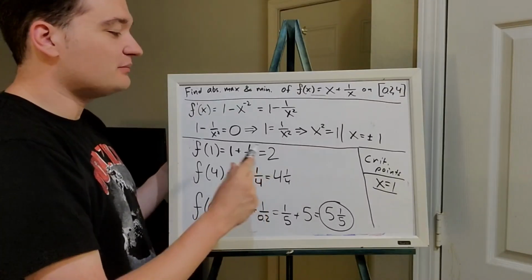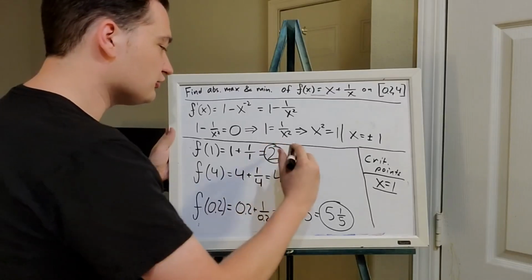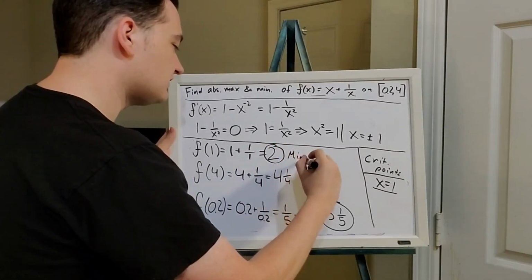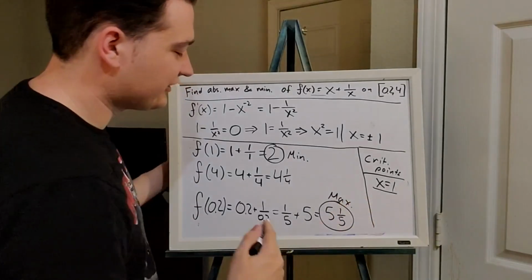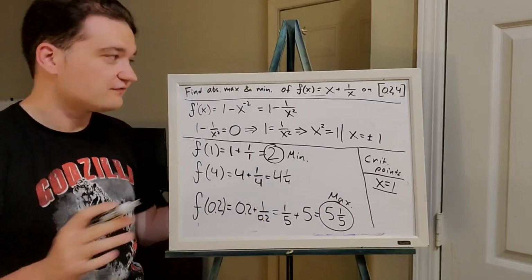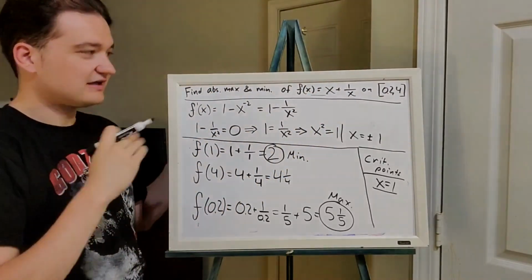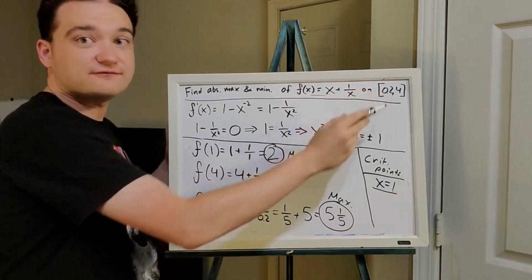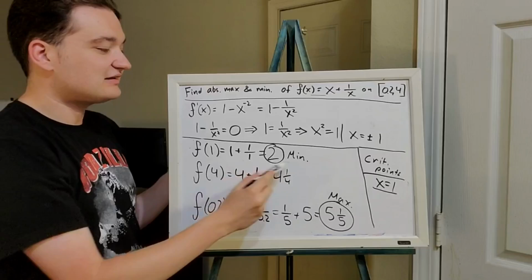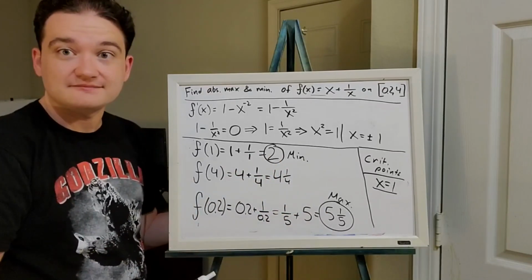And the absolute minimum value, the lowest of these 3, is 2. If you have a TI-84, like a graphing calculator, or you go on Desmos, you can check this yourself. Graph x plus 1 over x, change the axes to be from 0.2 to 4, and you'll see that this is the lowest point, and this is the highest point.